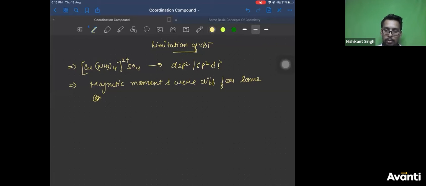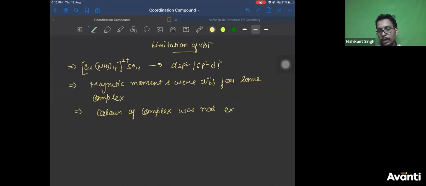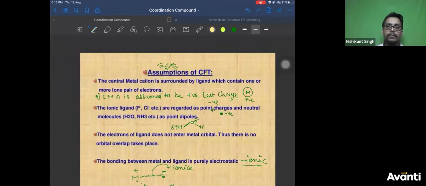The other thing it was not able to explain was the color of the complex or coordination compound. So these were the main limitations of VBT. To explain this, we came up with this theory called CFT. I gave these limitations of VBT in the last class also, but just to summarize, I have kept it here.